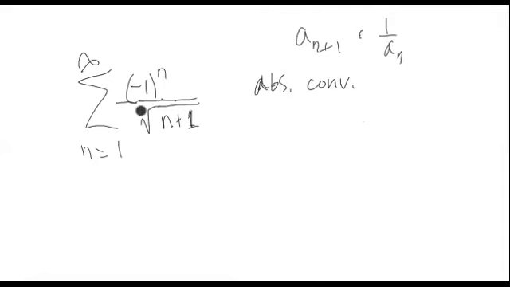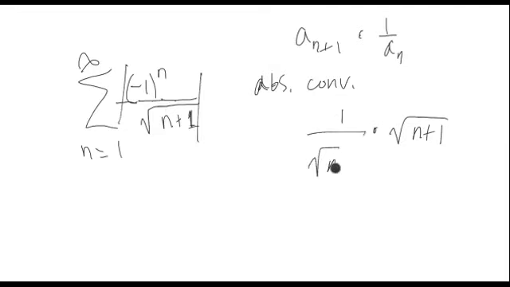If we take the reciprocal, it's just the square root of n plus 1, multiplied by, because we're just focusing on absolute values, a_{n+1}, where we replace n with n plus 1, so that'll look like 1 over the square root of n plus 2, right? And now we're set up to take a limit.